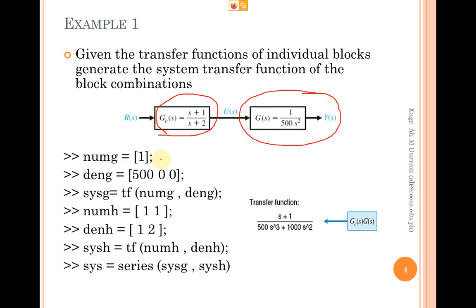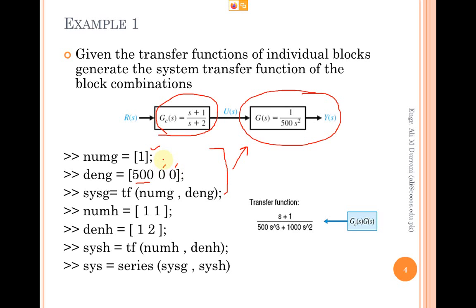In the first three lines, this transfer function has been defined. As you can see, the numerator has 1, the denominator has a value of 500 s square, and then I have entered two zeros over here.